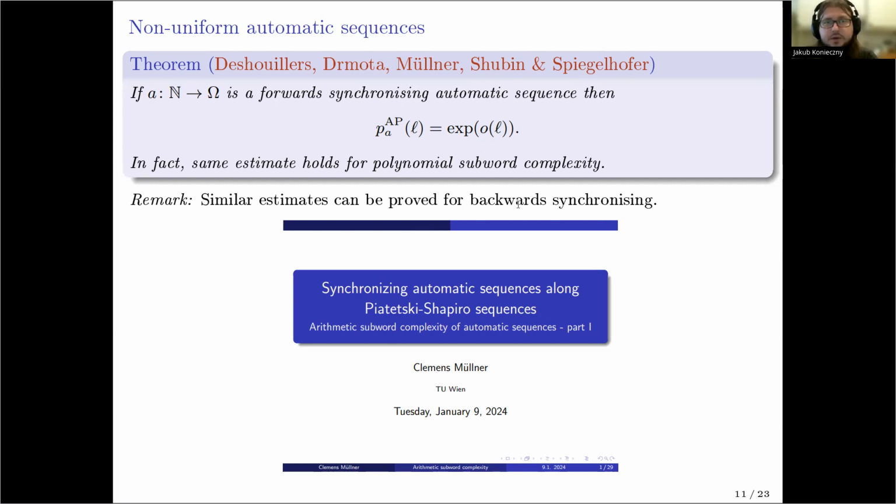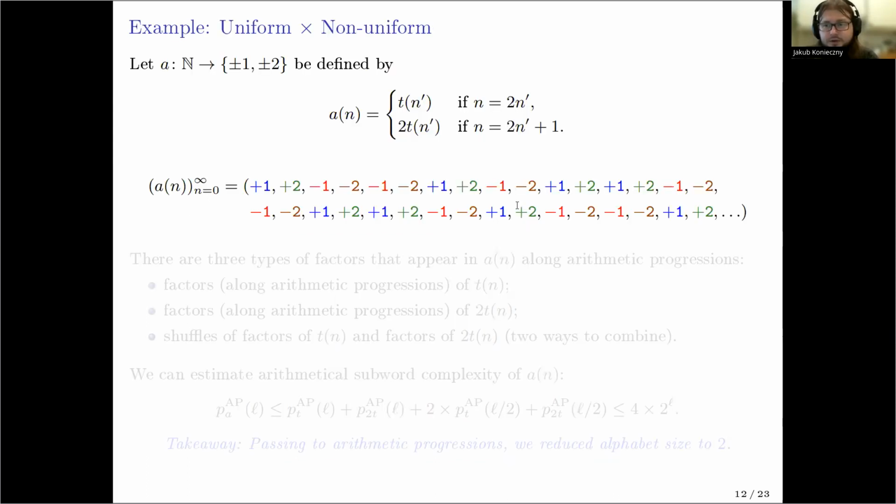So we're in good shape if we're uniform, and we're in good shape if we're non-uniform. Now let's see what happens if we somehow combine the two. So here's a very naive example. We can consider a sequence A that's a copy of the Thue-Morse sequence on even integers and a copy of twice the Thue-Morse sequence on odd integers. So it's going to look something like this.